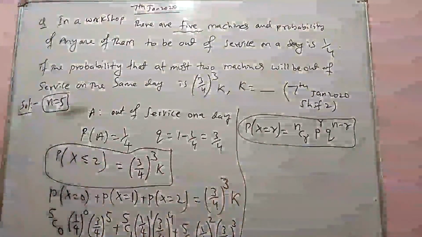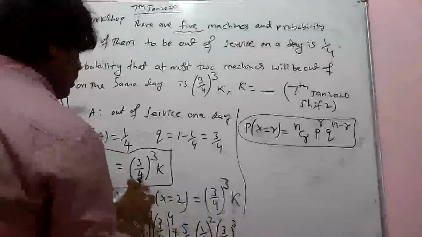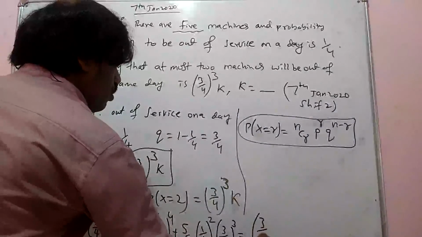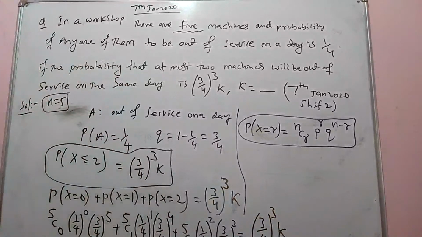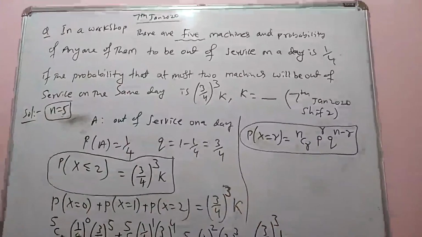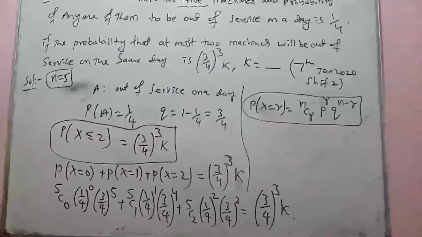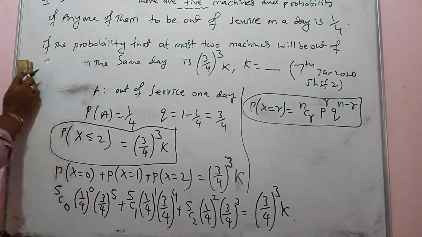This is the way we can write this value, and this value is equal to 3/4 whole cube into K. From this you have to find the value of K. So now I can erase this question.